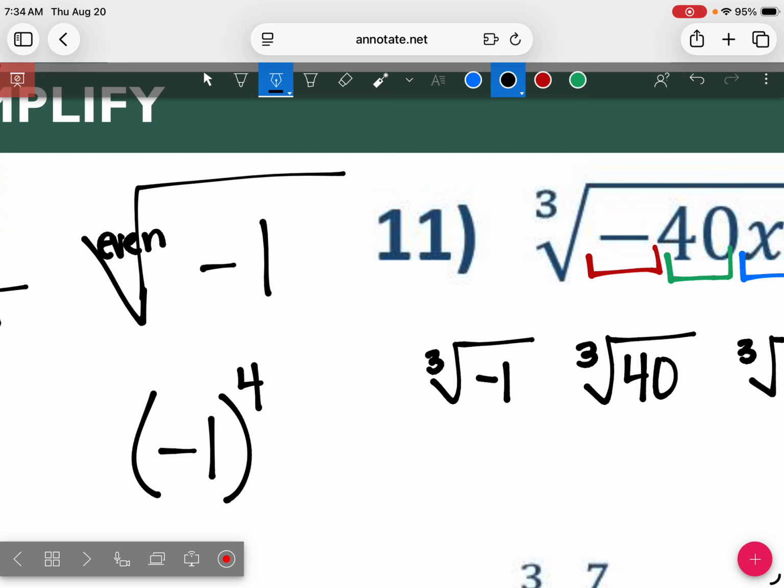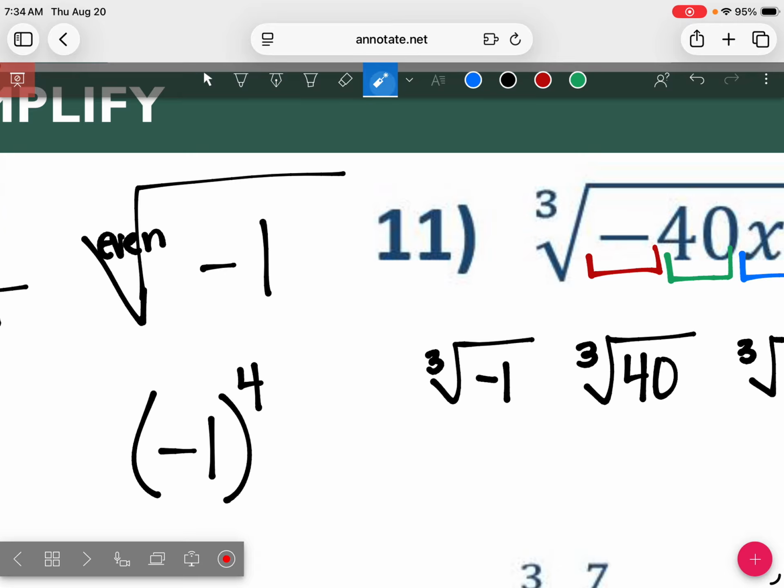Do you get -1? No. All right, put in an 8. Parentheses -1 to the power of 8. Do you get -1? You're never going to get -1 as long as this index is even, okay? But now let's do it with an odd number.